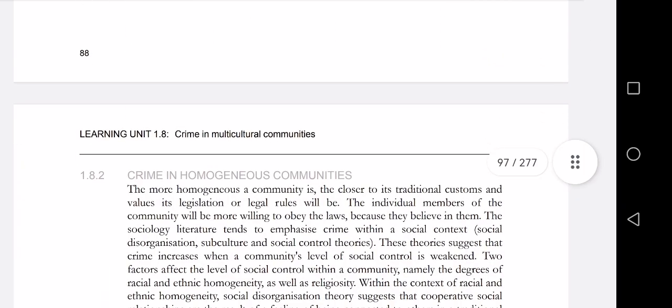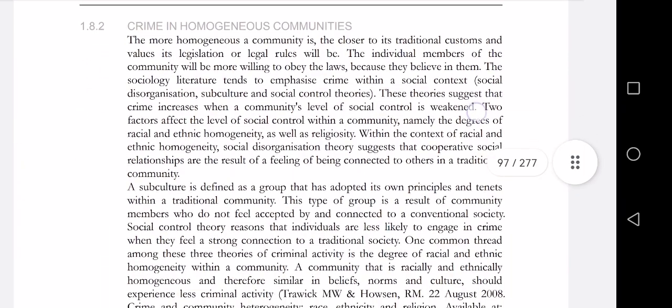All right, let's move on. Crime in homogeneous communities. The more homogeneous a community is, the closer its traditional custom and values, its legislation and legal rules will be. The individual members of the community will be more willing to obey the laws because they believe in them.